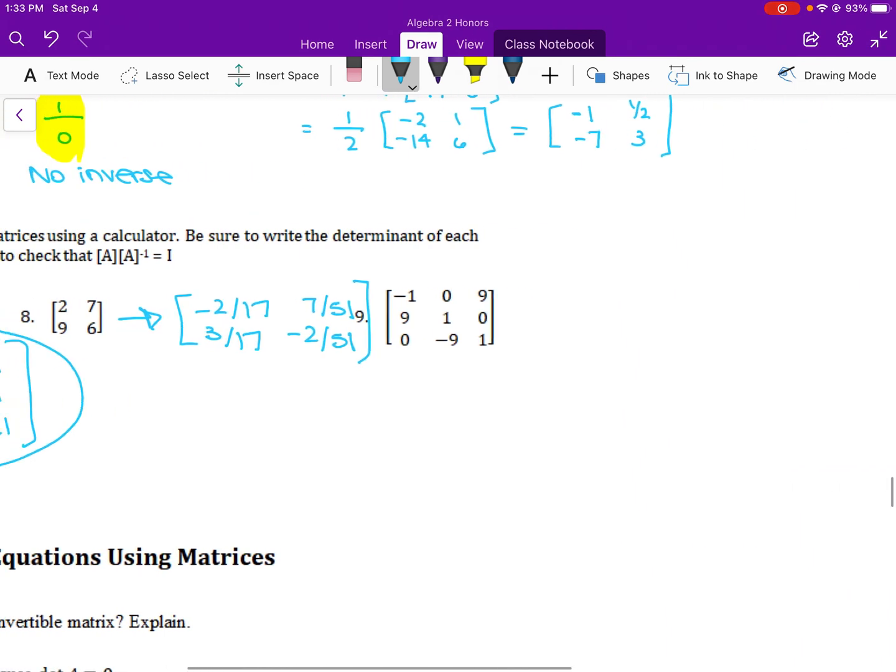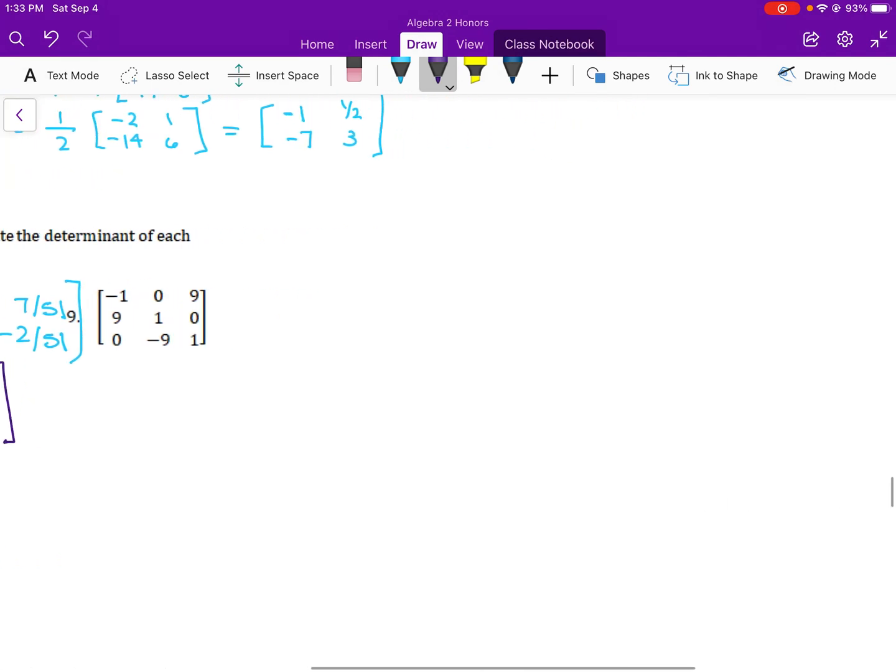Multiplying these two together, because we're looking to confirm that we get our identity matrix, you should find that we get 1, 0, 0, 1.